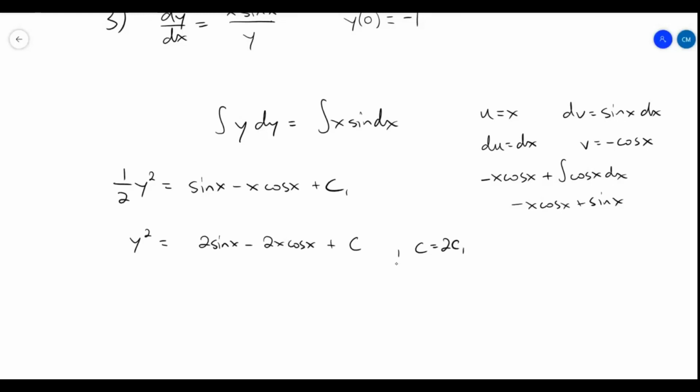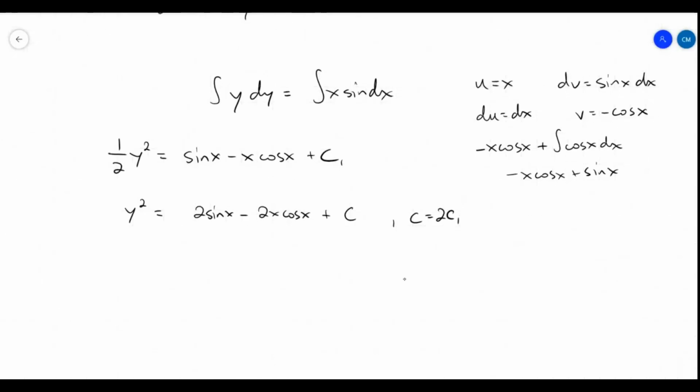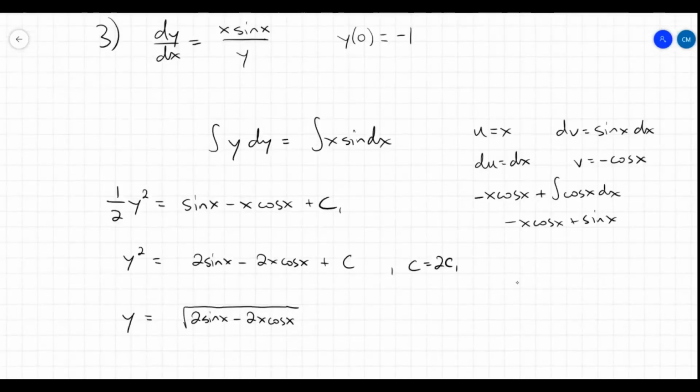All right, so at this point, if you want to solve this explicitly for y and not have an implicit function, we can still do that. We can take the square root of this thing. Now, remember that when you do take a square root, or when you have to solve an equation like this, you have to consider both the positive and the negative square root. Now, for this particular problem, since they actually give us the initial value up here, right?